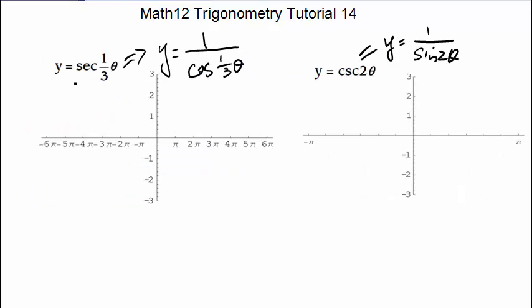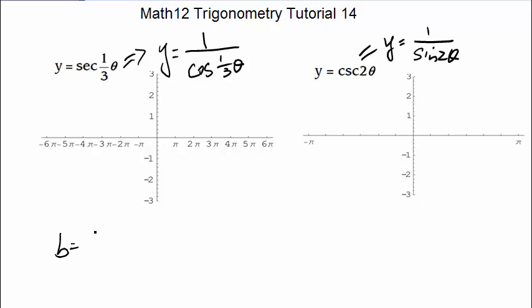Let me show you in an actual example. We're trying to graph y equals secant 1/3 theta. We don't know how to graph this yet, but we do know secant 1/3 theta equals 1 over cosine 1/3 theta, and we learned how to graph that, right? So 1/3 theta, this is our b.